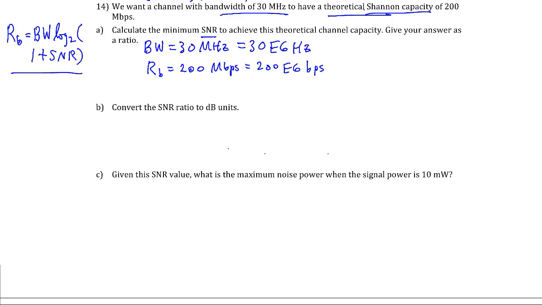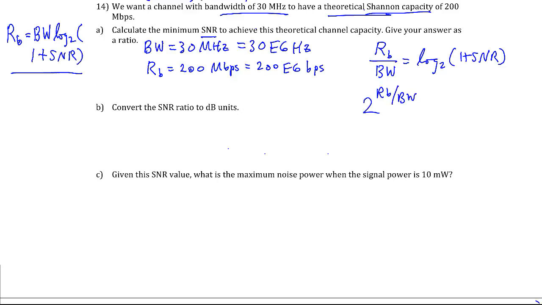I have to solve this Shannon equation for the signal-to-noise ratio. The first thing I'm going to do is say that the bit rate divided by the bandwidth is equal to the log base 2 of 1 plus SNR. Then I'm going to take both sides of the equation and raise 2 to that power. So I get 2 to the RB over bandwidth is equal to 1 plus SNR.